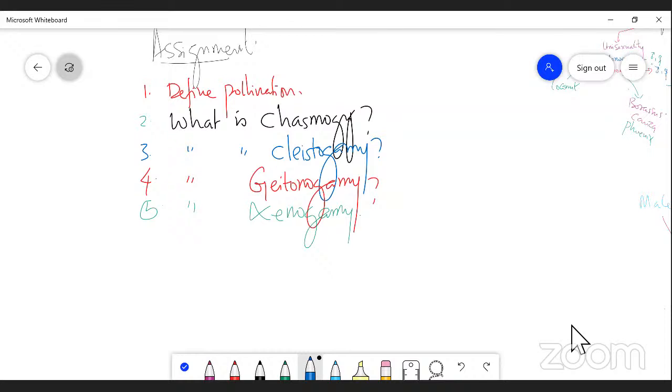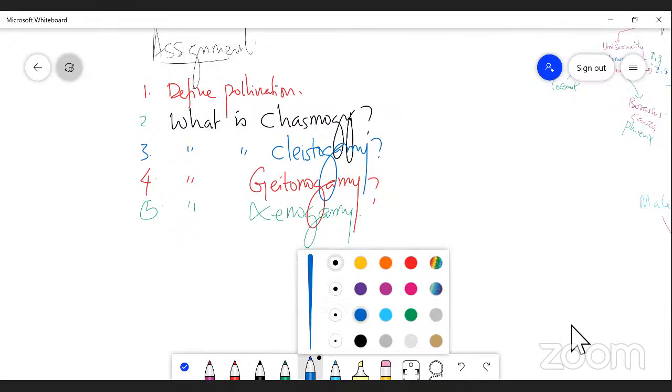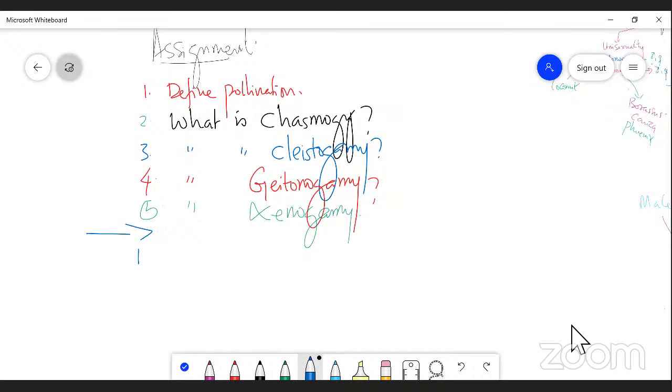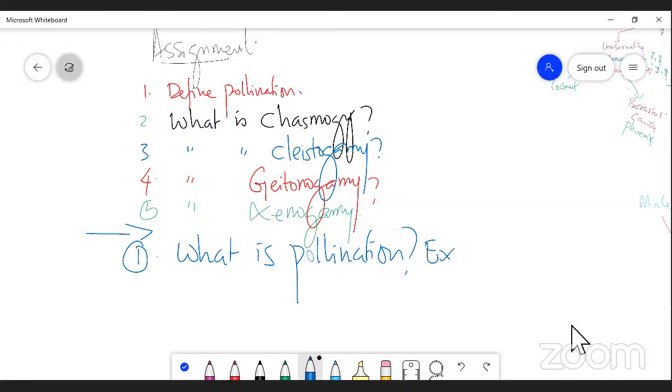That is a big question that you can expect in the exam, right? What is pollination, and explain its types. This is a question to be expected here.